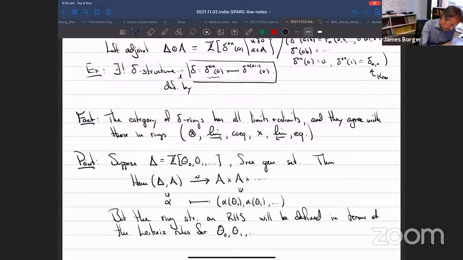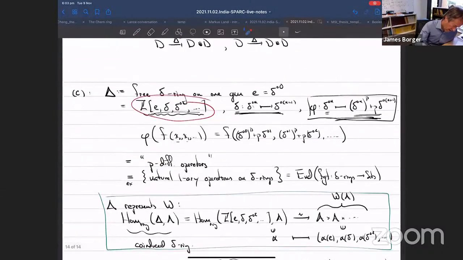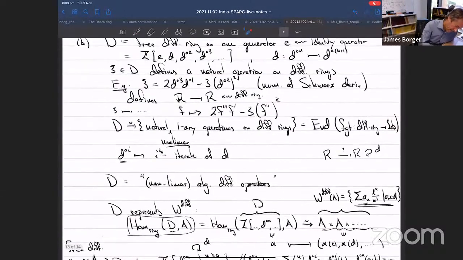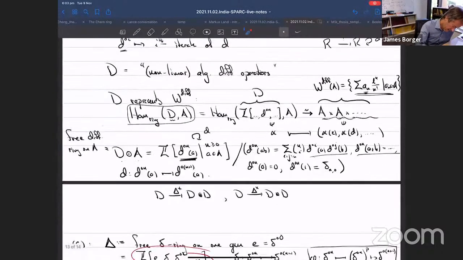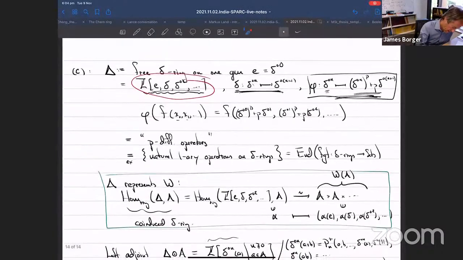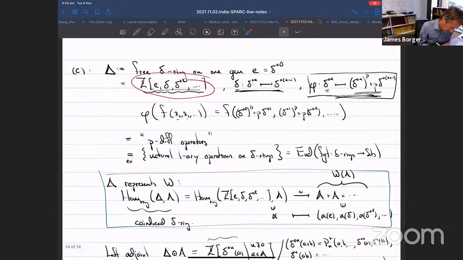which these things can be regarded as natural operators, right? Natural operations. In the same way that any element, as we discussed up here, any element of D can be regarded as a natural operation on differential rings, and therefore will have its own Leibniz rules with respect to addition and multiplication. I didn't make that point explicitly down here, but it's true for the exact same reason.